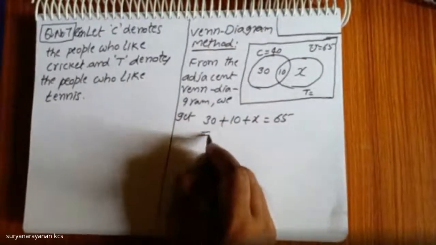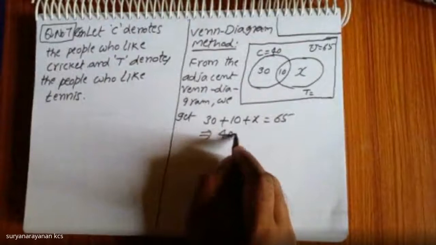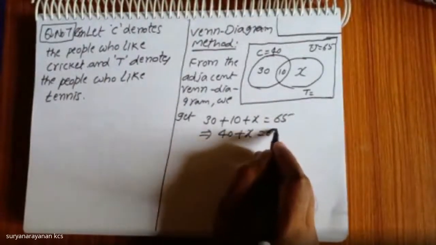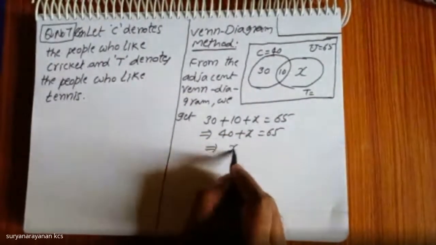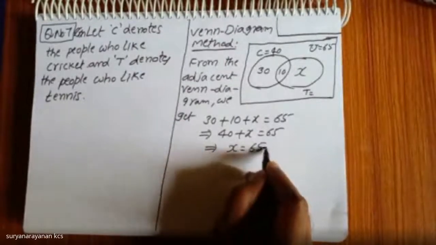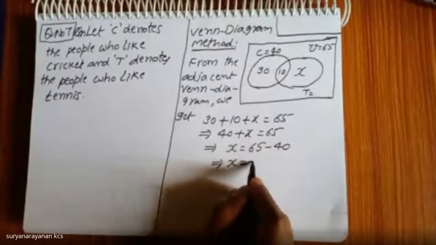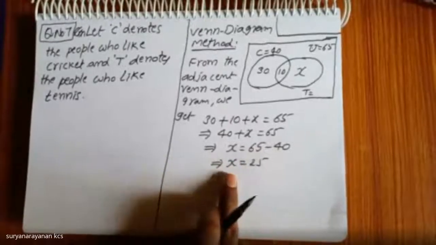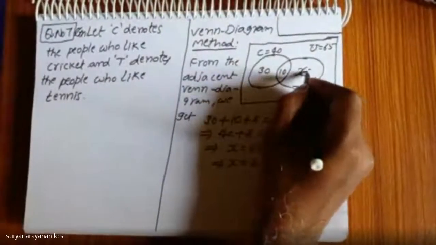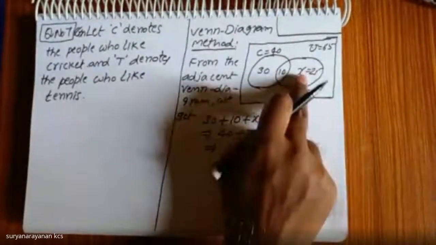This implies 40 plus x is equal to 65. So x is equal to 65 minus 40, that is 25. Means these 25 people like only tennis.